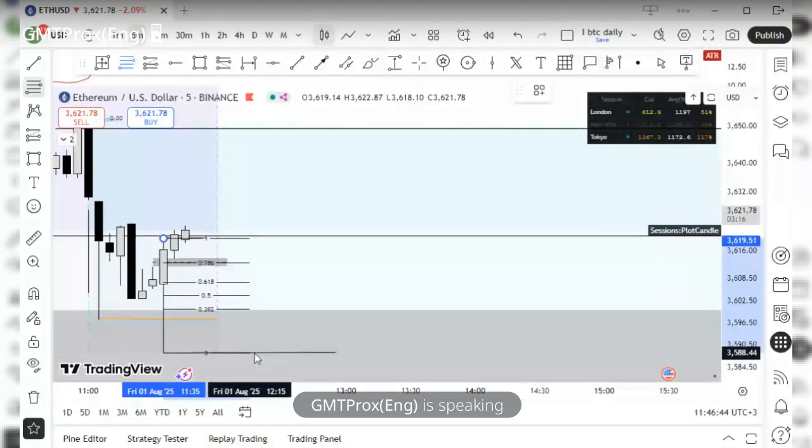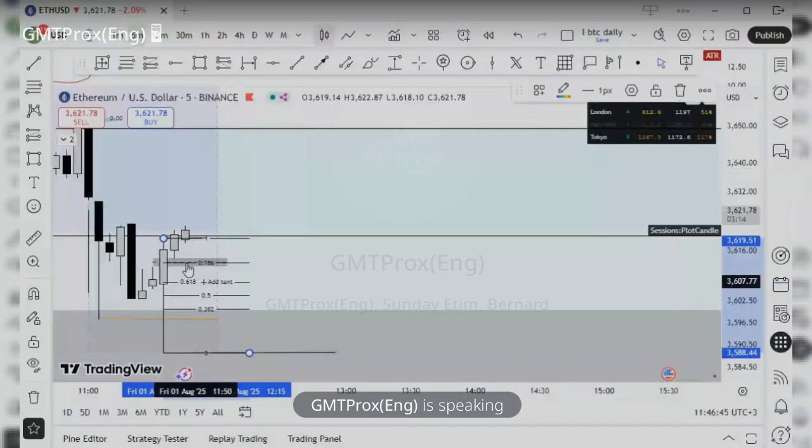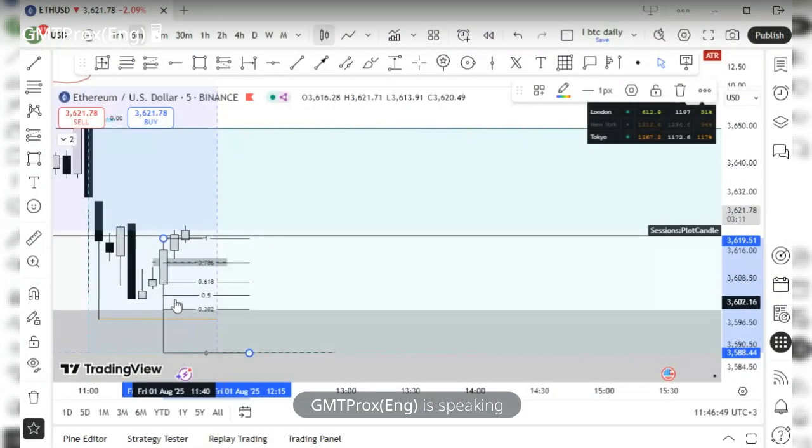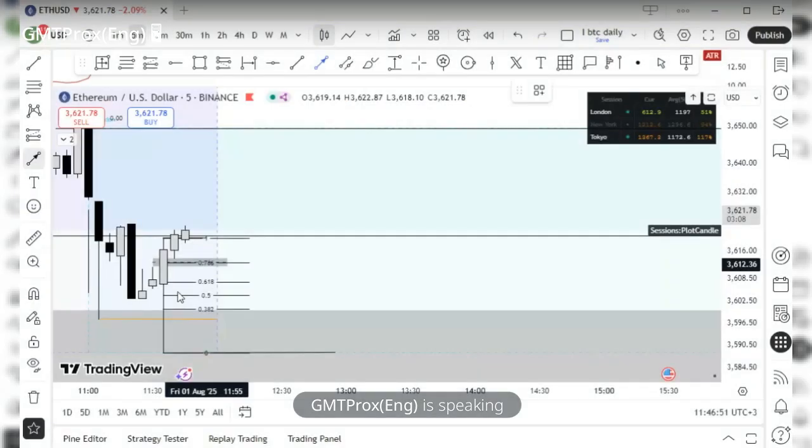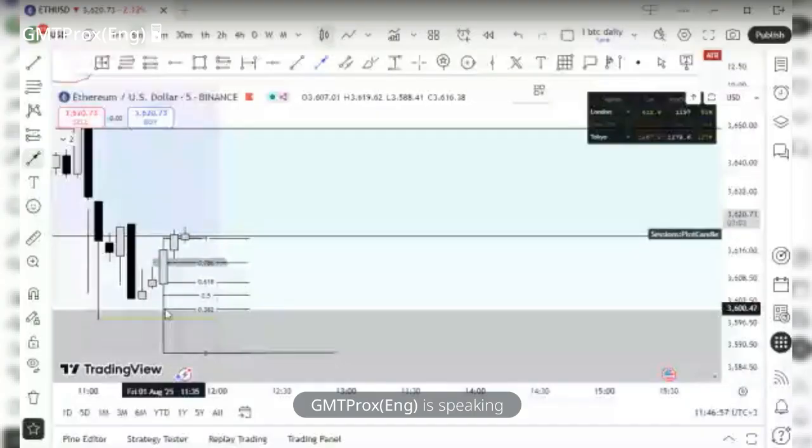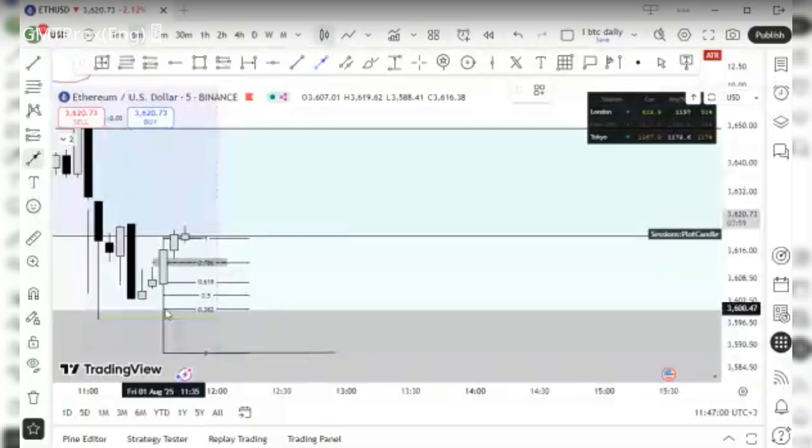This is our price here. Okay? So it can either come to 50% or 0.382 here, around here. That's where it can come. Okay? But you measure that, okay?